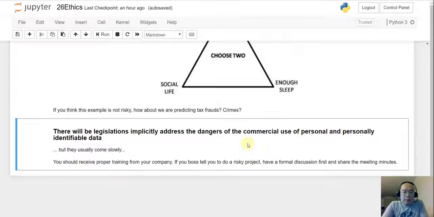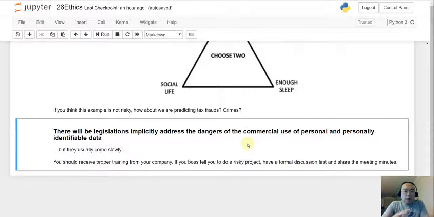And then when you enter industry, and you're about to do a data science project, make sure you understand that your company should offer you the right training before you start to touch the sensitive data.